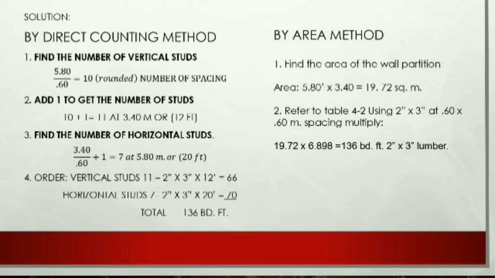Looking at the table, we get a multiplier of 6.898. So we just multiply it to the area that we got. 19.72 times 6.898 is equal to 136 board feet of 2 inches by 3 inches lumber.